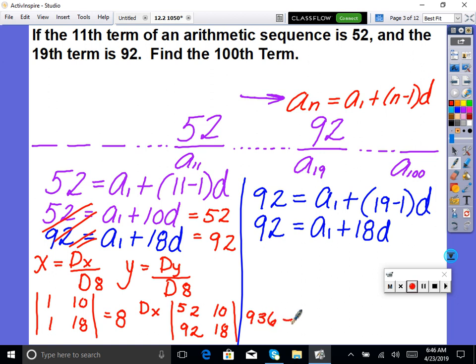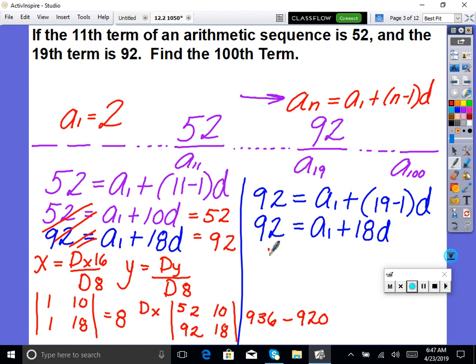And then minus 10 times 92, which is 920. So what do we get? 16, don't we? So look how quick that was. What's 16 divided by 8? 2. So a sub 1 was what we were calling x, so we get 2.